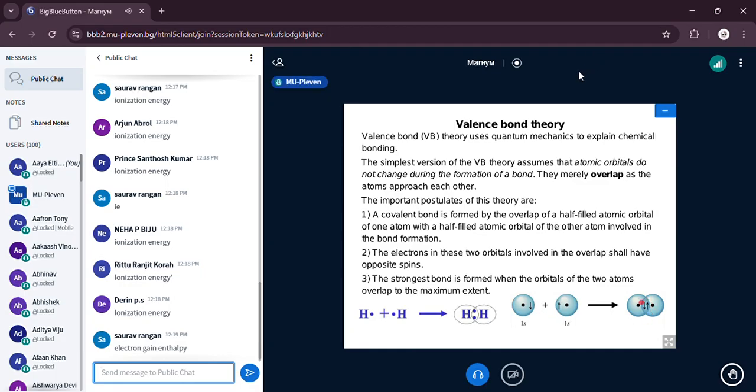And you can see overlapping between these two atoms. The electron density between the nuclei of bonding atoms increases, and probably the interaction between the positively charged nucleus and this raised electron density holds these two atoms together.